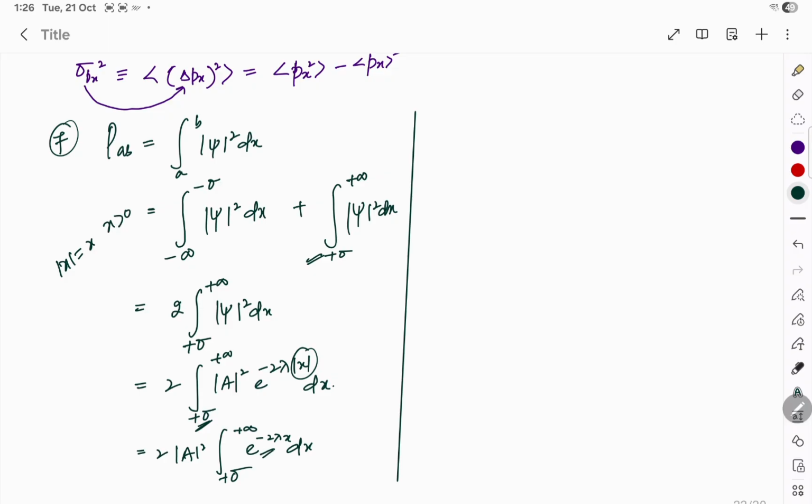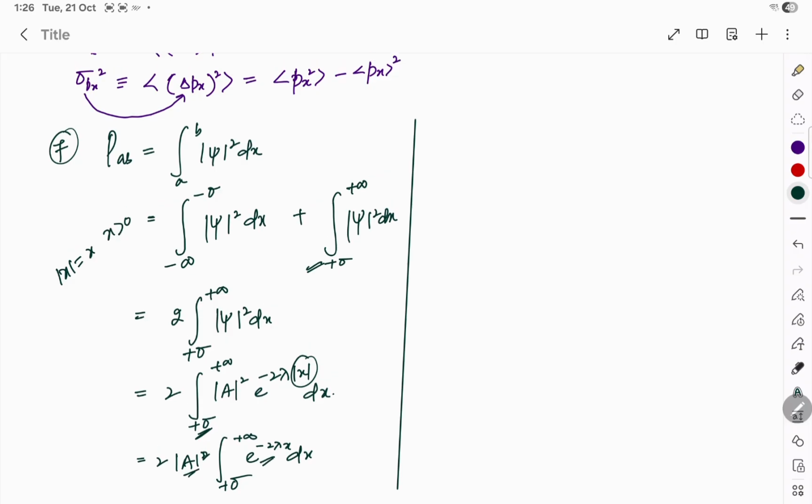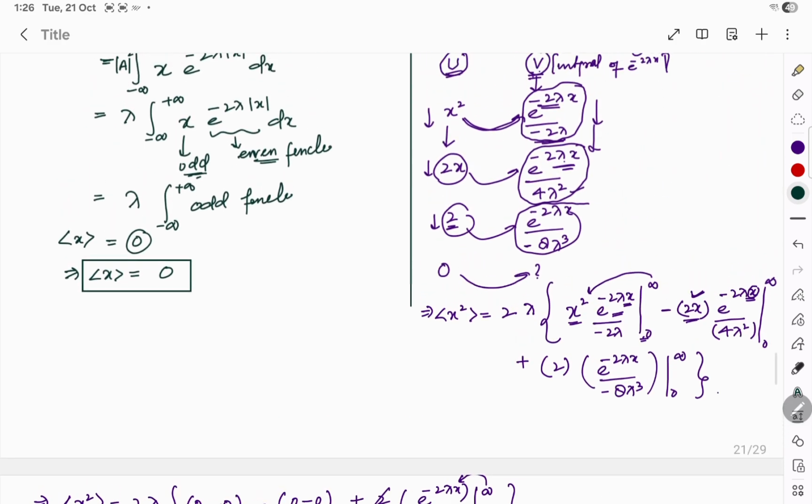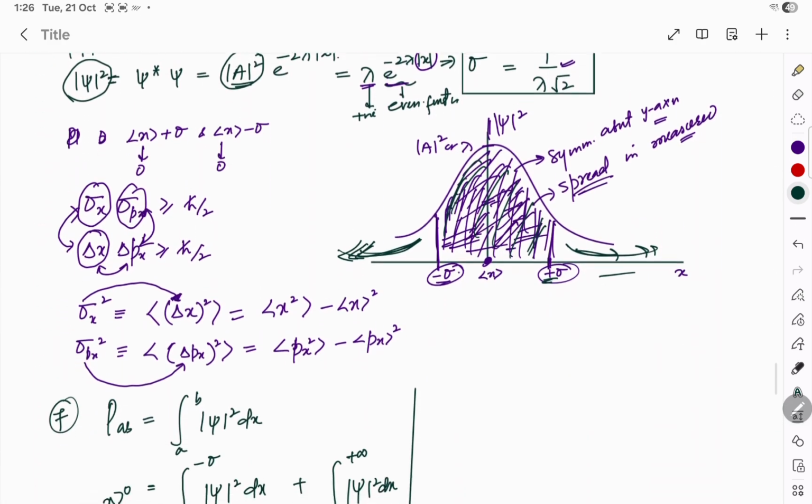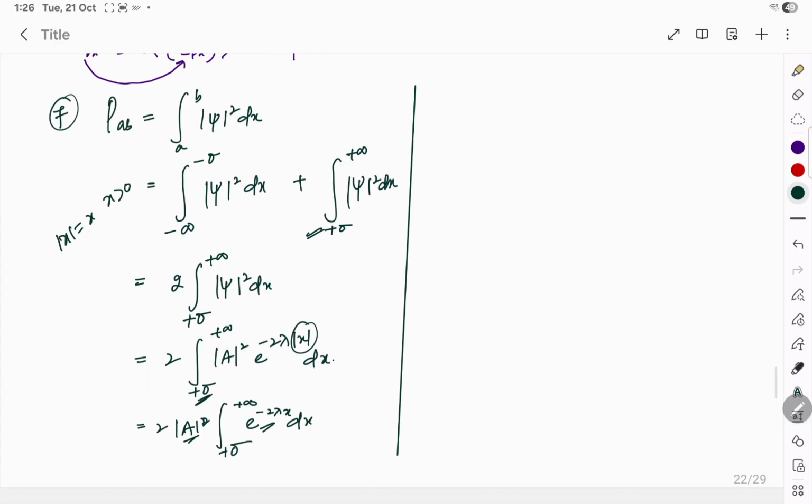Now mod A square is already lambda, we calculated that here. Let's put it here. So 2 times lambda and the integral from plus sigma to plus infinity of e to the power minus 2 lambda x dx. So this is the probability.